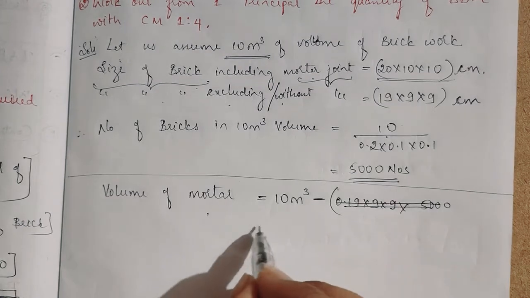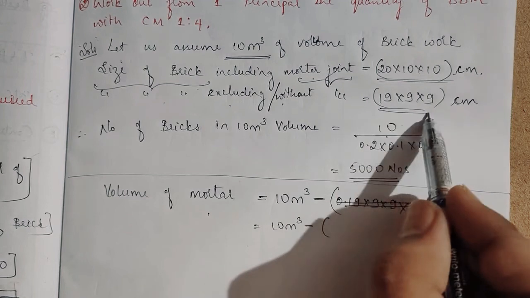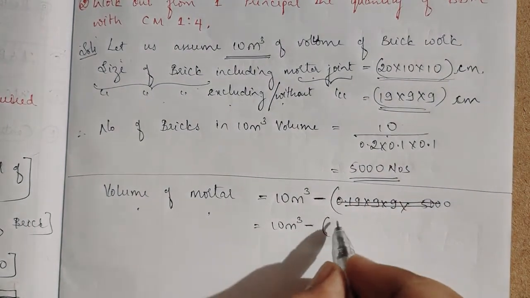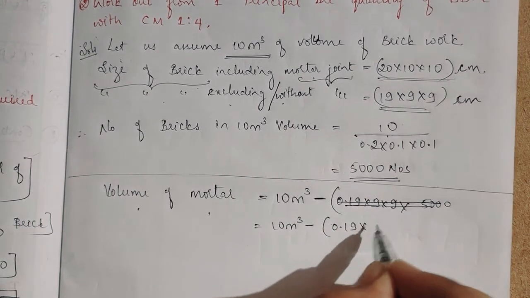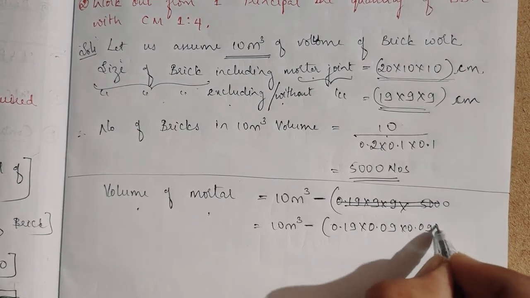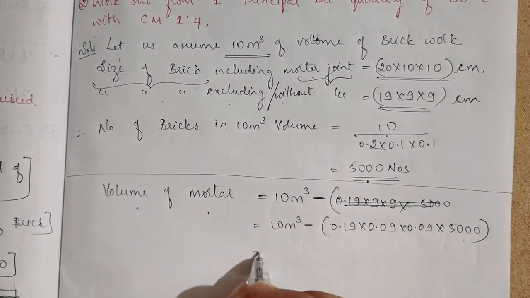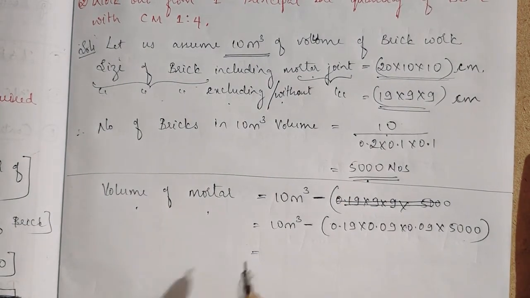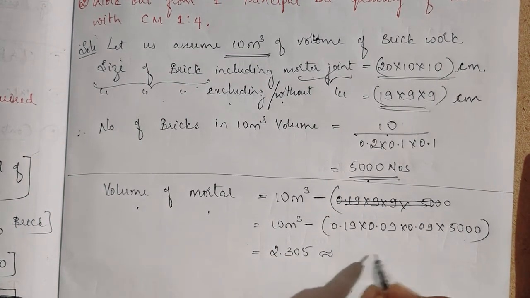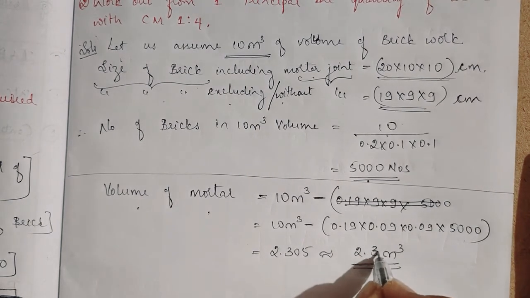We take the size without the mortar joint because we want the volume of the mortar. So 10 minus 0.19 into 0.09 into 0.09 into 5000. When I subtract it, I'll get 2.305. Approximately I'll take as 2.3 meter cube.